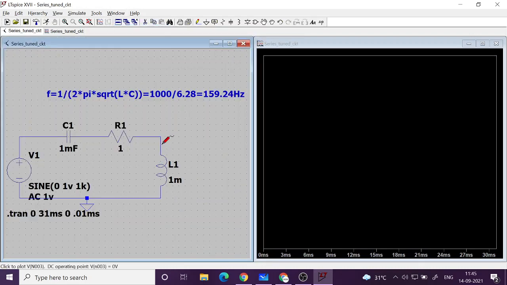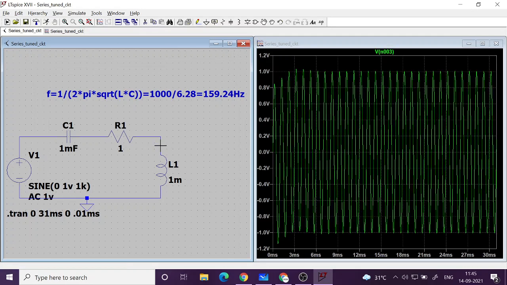So here our AC input is just 1 volt, but now we are going to look at the voltage across the inductor. It will be greater than 1 volt. Initially some transient is there. You will learn this in network theory. But you can see that approximately it is going beyond 1 volt.